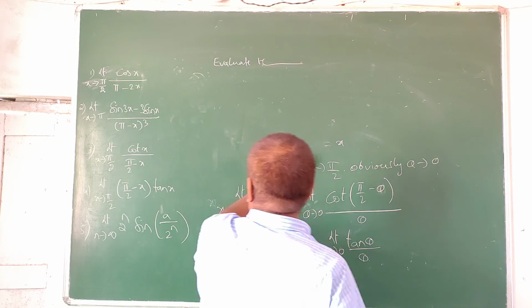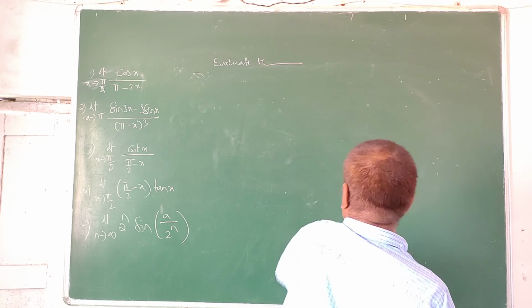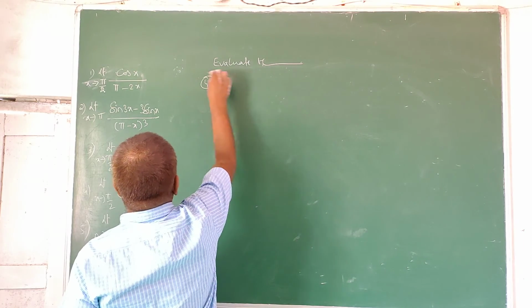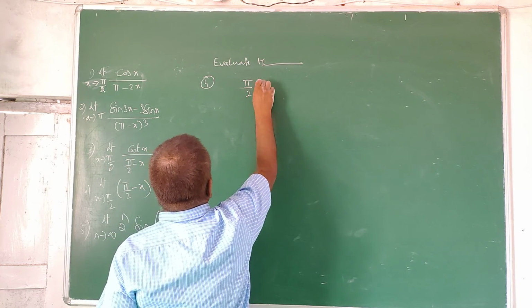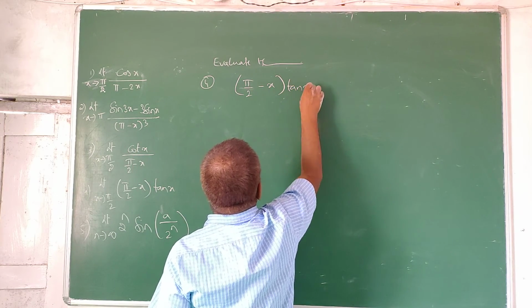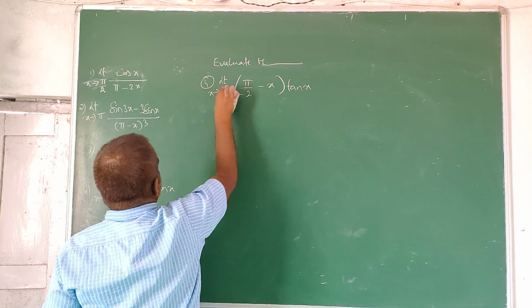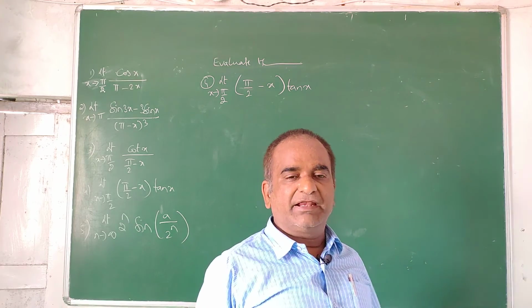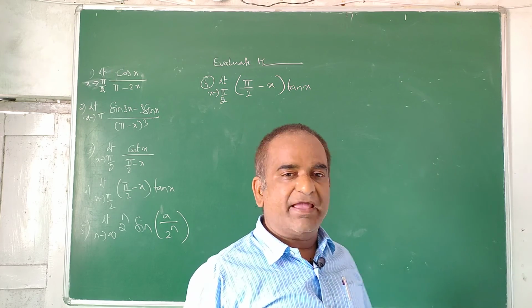So our next question is pi by 2 minus x into tan x, limit x tends to pi by 2.